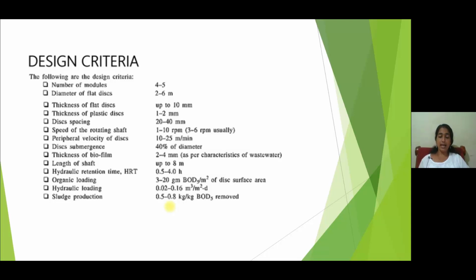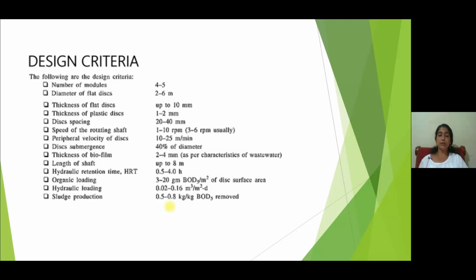Speed of the rotating shaft 1 to 10 rpm, that is 3 to 6 rpm is usually accepted, and peripheral velocity of disc is 10 to 25 meters per minute, and disc submergence is 40% of diameter, and thickness of biofilm should be 2 to 4 mm as per characteristics of the wastewater.